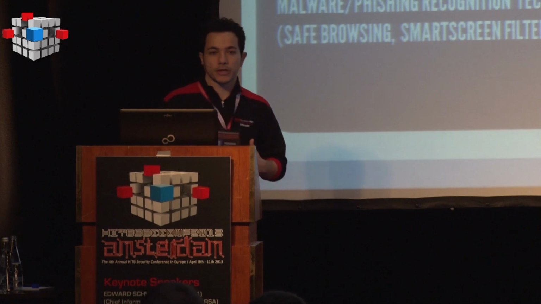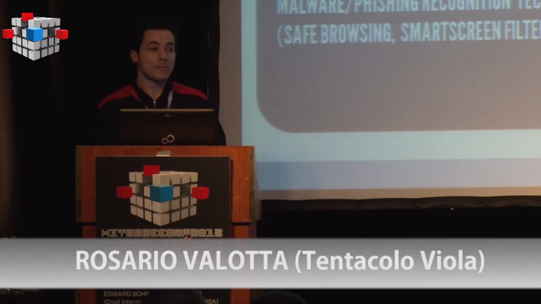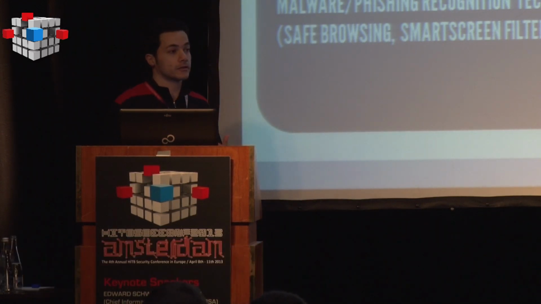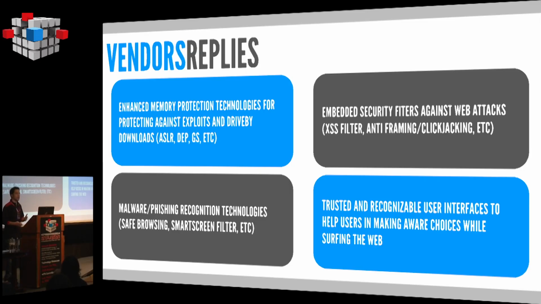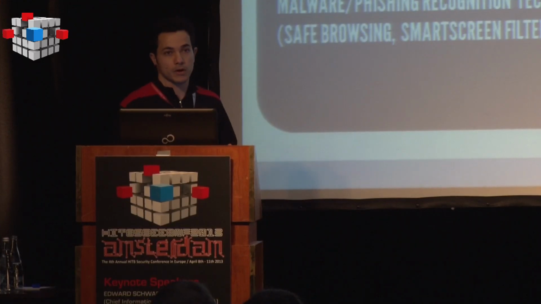The second area is protection from web attacks. So cross-site scripting, clickjacking, and here the technologies' names are XSS filters, embedded, for instance, in Internet Explorer or Chrome, or anti-framing technologies, for instance, the X-Frame-Options header is supported nowadays by all mainstream browsers.